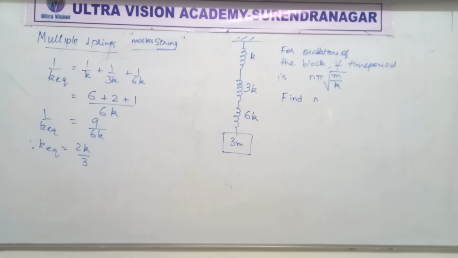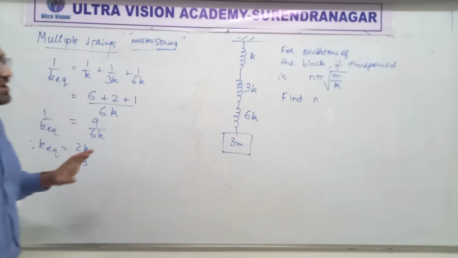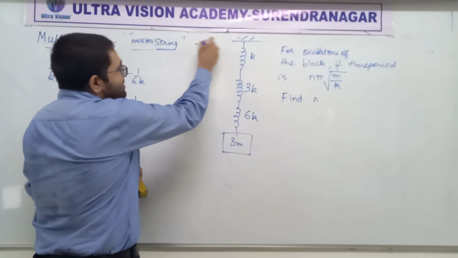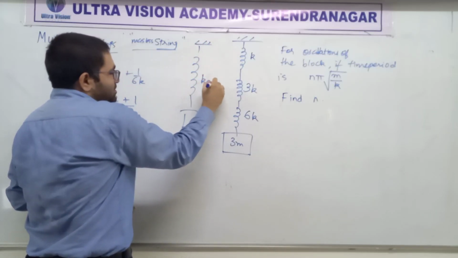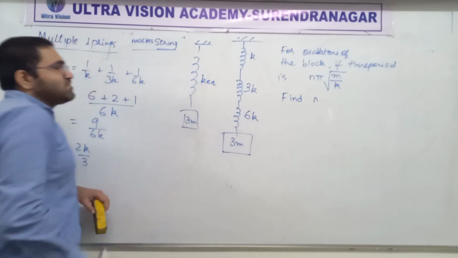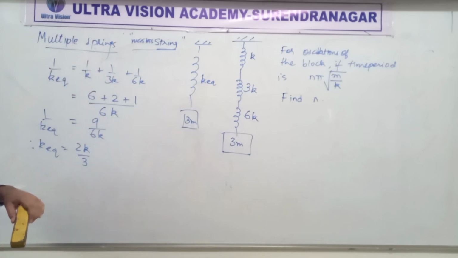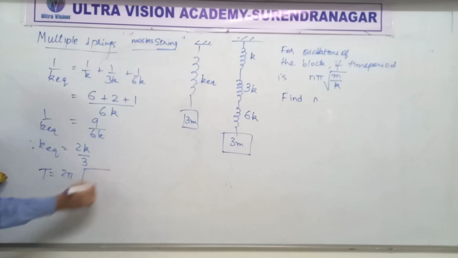Now, Ria compared properly, so K equivalent is this. Now let's put it in the formula. If instead of 3 springs you just have one equivalent spring, then how much is the time period? The time period is 2 pi under root mass upon K equivalent.